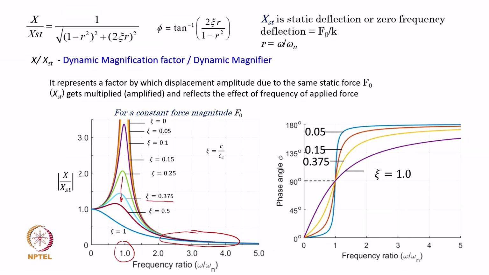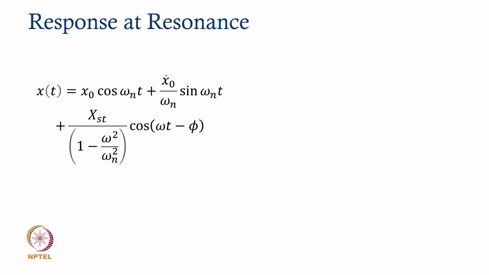At resonance, all of us are aware that if there is no damping, this peak value can rise up to a very large value, and that is what we say resonance is the operation where amplitudes reach infinite amplitudes theoretically at resonance.